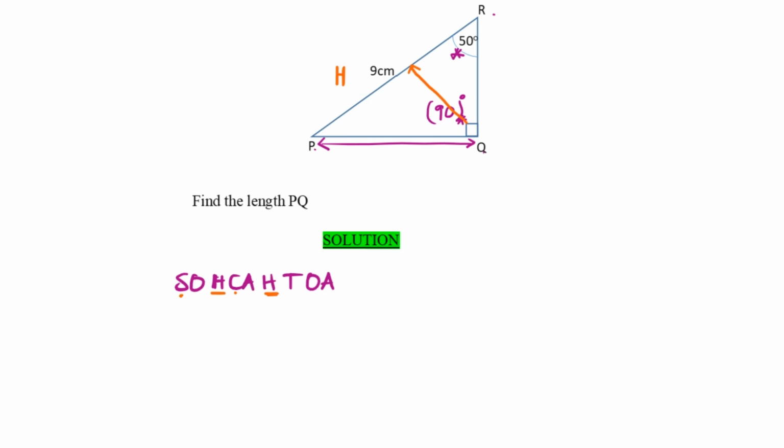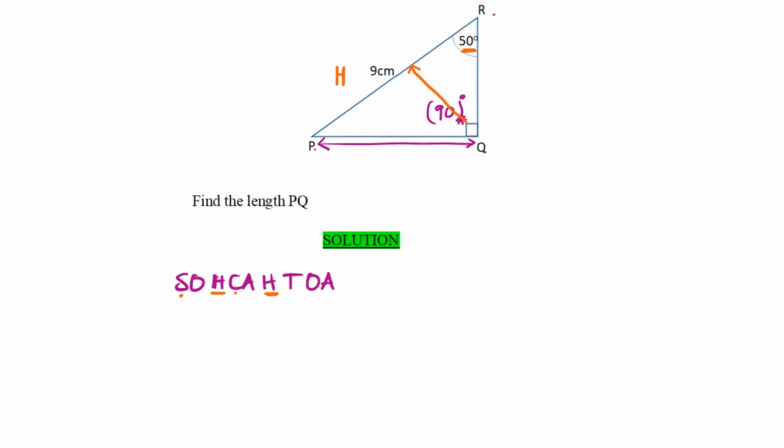Now let's go further by looking at what also is given. We are also given the angle 50 degrees. So we are looking at anything that will give us over the hypotenuse. So this angle has got the opposite, PQ. Okay, PQ is the opposite.